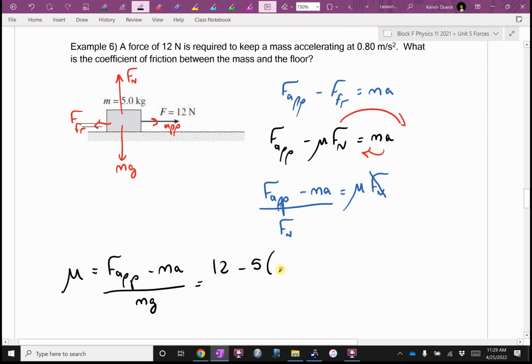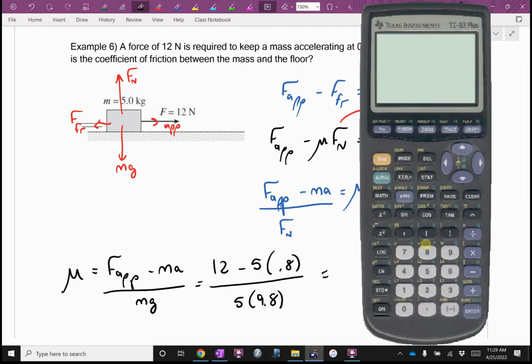A, 0.8, divided by 5 times 9.8. Again, I strongly encourage all of you to try typing this into your calculator so that you know how to type something like this. On mine, I think I'm going to have brackets around the top and around the bottom.